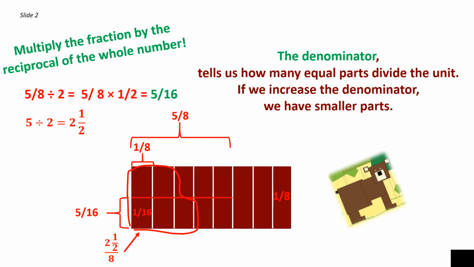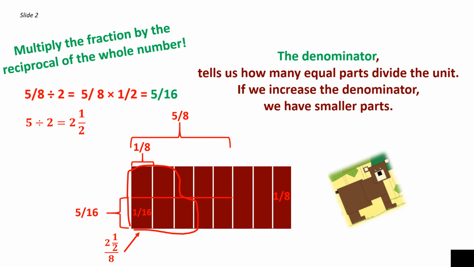And we realize that when we divide a fraction by a whole number, we should actually only divide the numerator. So why multiply the fraction by the reciprocal of the whole number when we can simply divide the numerator of the fraction by the whole number?